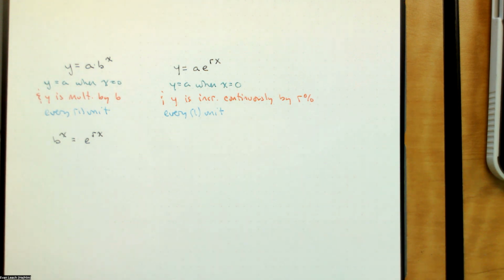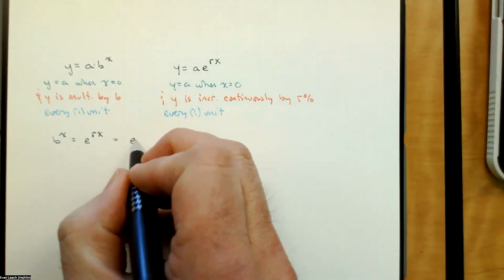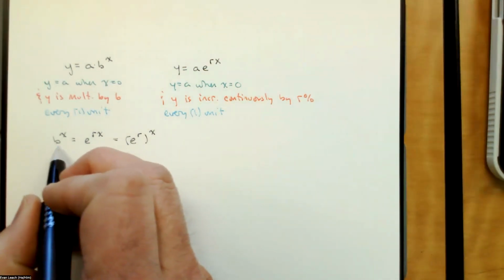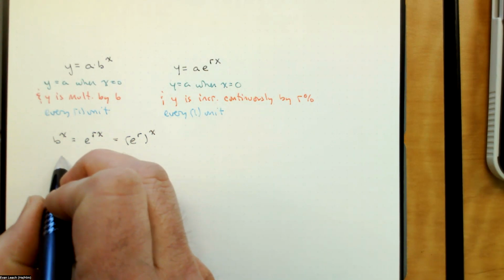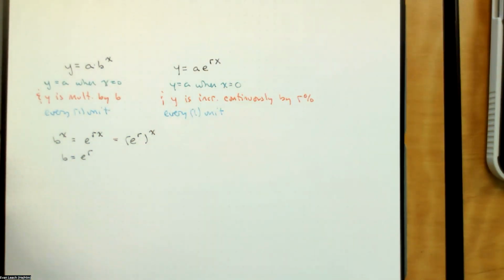Well, I'm going to do the same thing. I'm going to take the x and separate it from the e to the r part. This is an e to the r to the x. So I just want to set up e to the r is equal to b. So if you're given the continuous growth rate and you want the unit multiplier, this is how we'll do it.